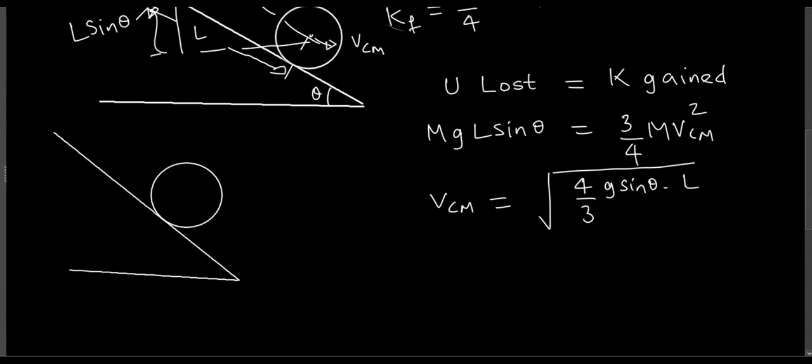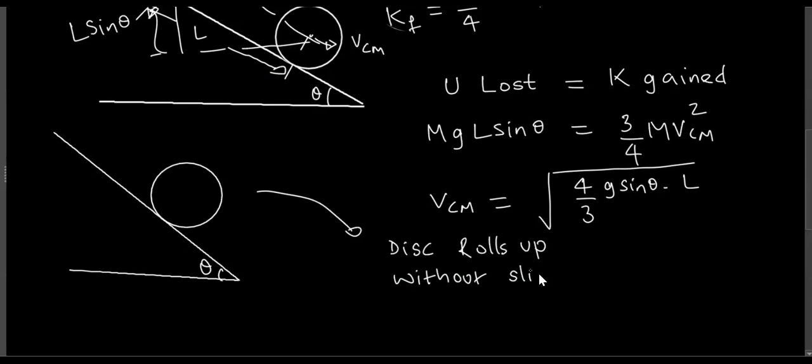Suppose our disk rolls up without slipping. You can give some velocity to it and there is sufficient friction so that it is not slipping.